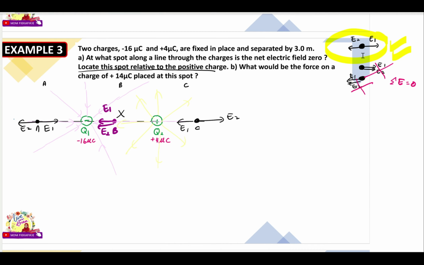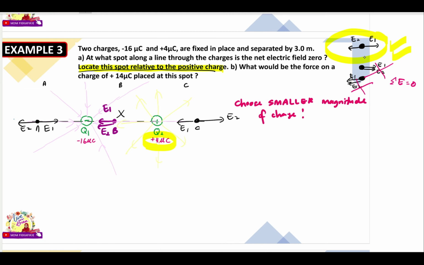Jadi trik dia dekat sini, kalau soalan tak sebut locate this spot relative to the positive charge, kita perlu pilih kawasan, okay, ataupun titik yang berdekatan dengan charge yang lebih kecil. Okay, charge yang lebih kecil dia punya magnitude, smaller magnitude. Okay, the point must be near to the smaller magnitude of charge. Okay, kenapa?